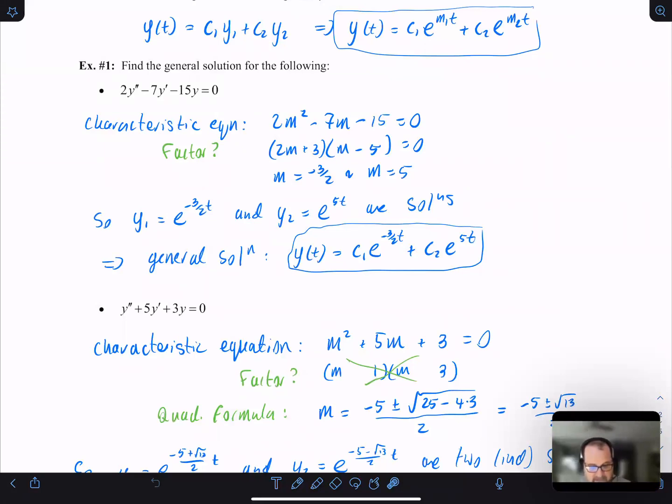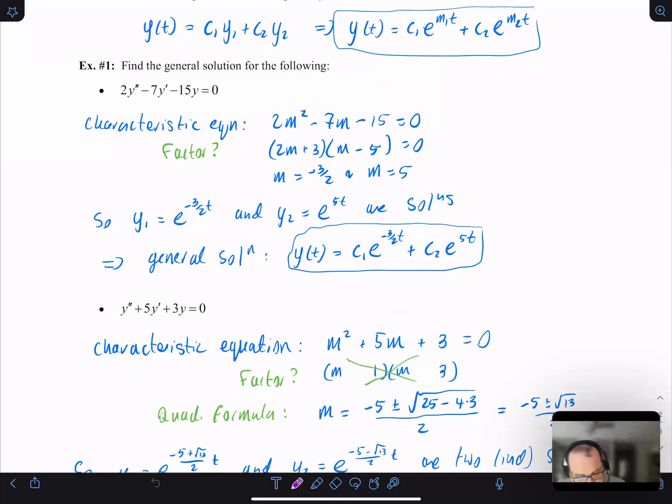Find the general solution of this DE, 2y'' minus 7y' minus 15y equals 0. So this is homogeneous, it is second order, and it is constant coefficients only. So all we need to do is come up with the characteristic equation. Notice I don't really need to go through this rigmarole of pretending to have a function to substitute in.